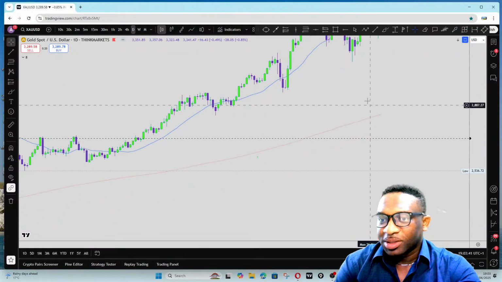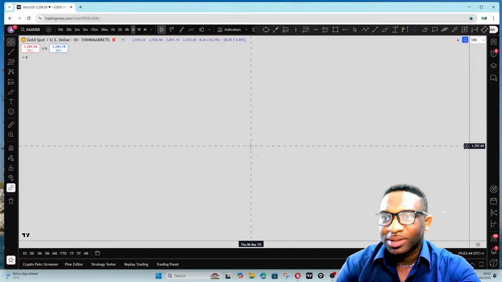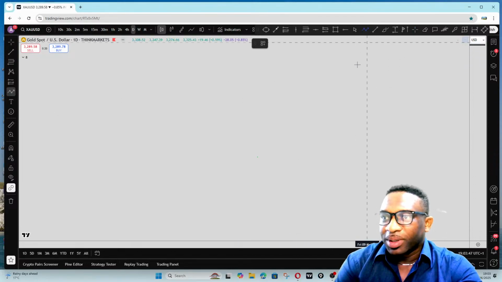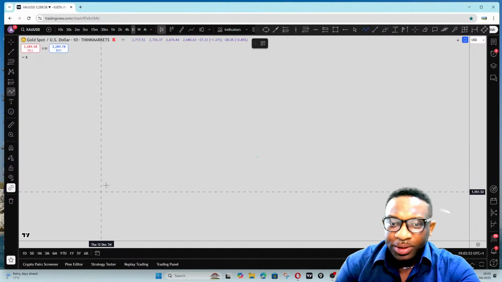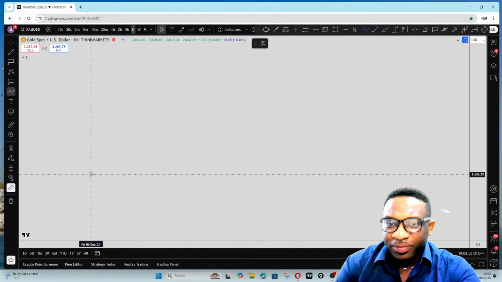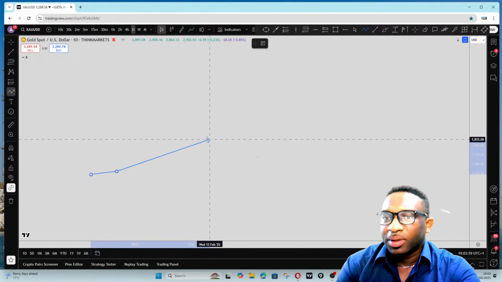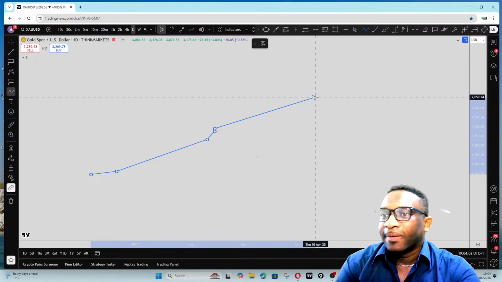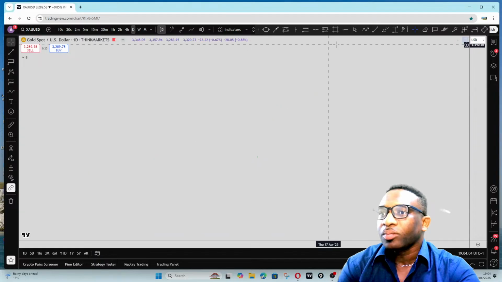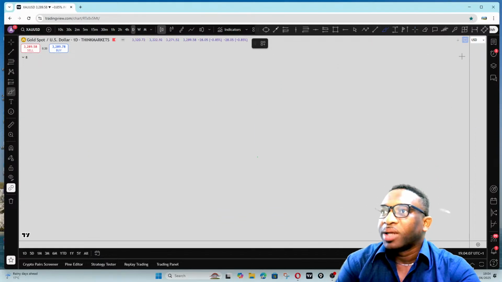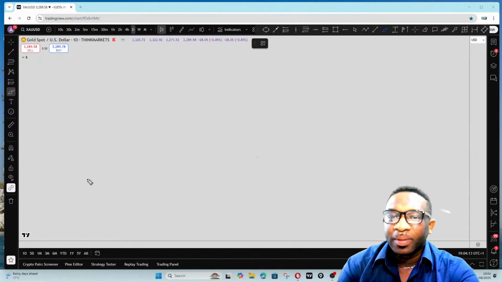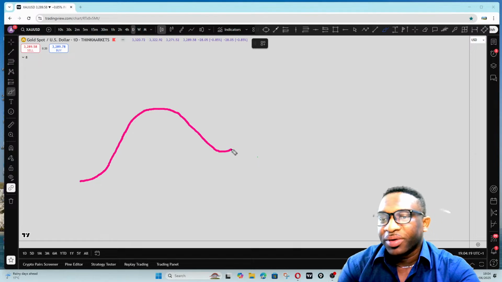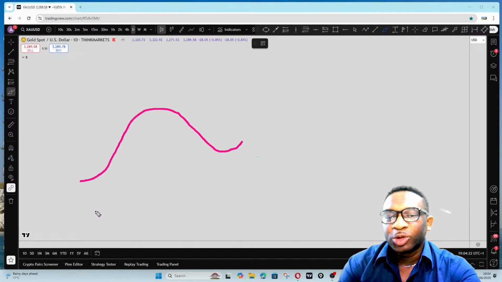So I'll just illustrate how I look at it with this quick illustration here. The thing that I do is, price always moves from one level to another level, or one area to another area, and then creating a kind of bell-shaped structure.